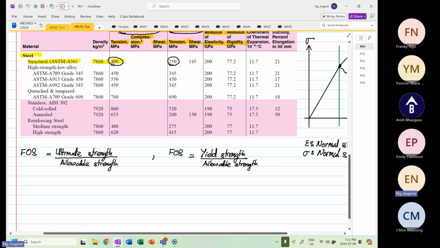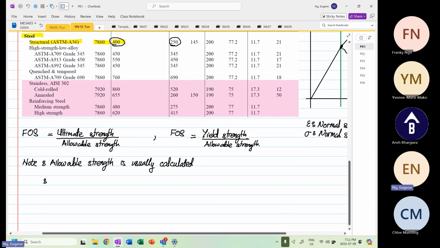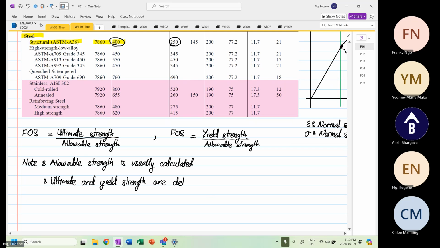Note that the allowable strength is usually calculated, and the ultimate and yield strength are determined experimentally.